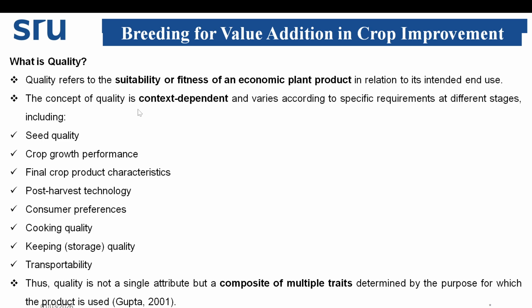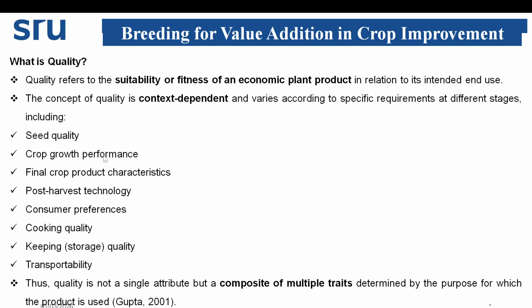The concept of quality is context dependent and varies according to the specific requirement at different stages, including seed quality, crop growth performance, final crop product characteristics, post-harvest technology, consumer preferences, cooking quality, keeping quality, that is storage, and transportability.